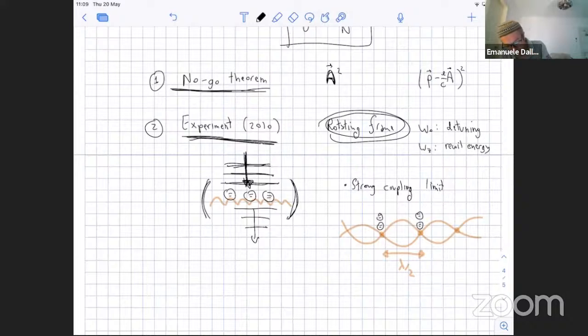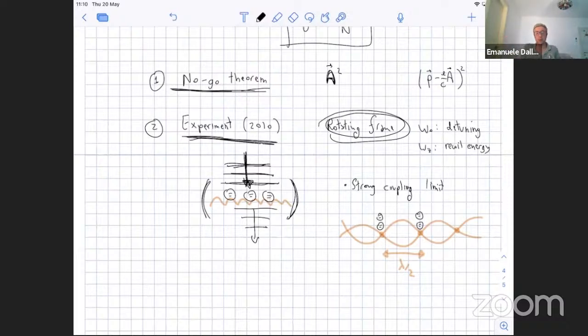Now, if two atoms differ by lambda over 2, the phase by which the light is scattered into the cavity will be different, either 0 or pi. So let's assume that all the atoms feel phase 0 from the pump.